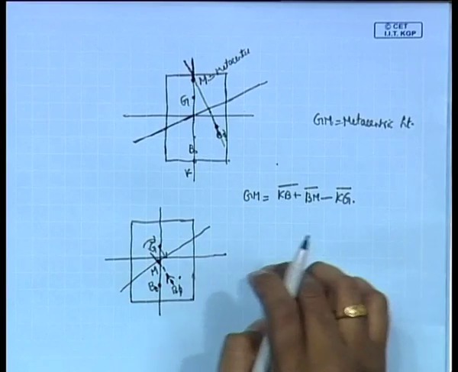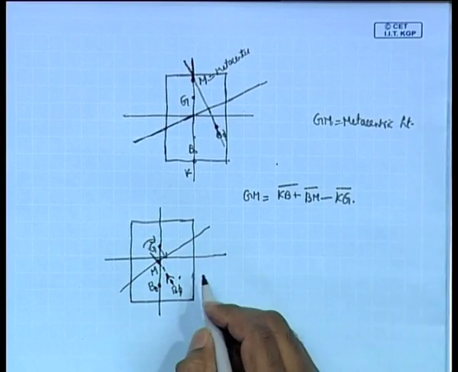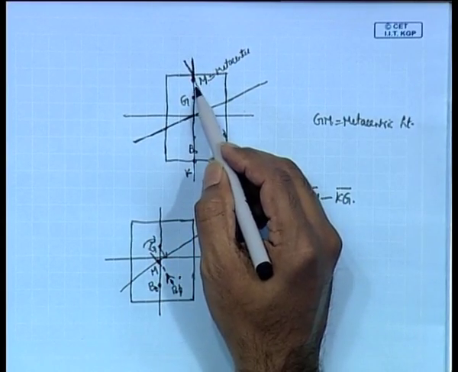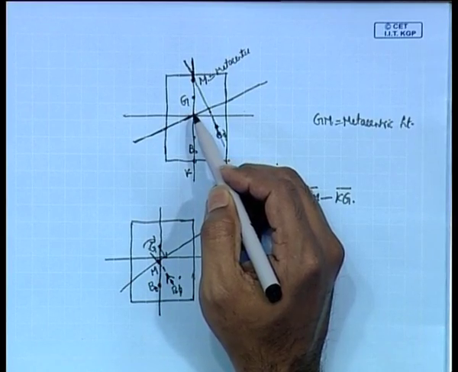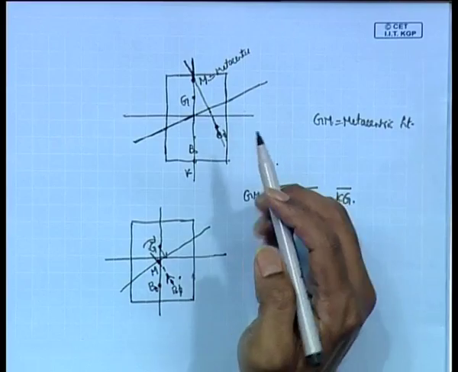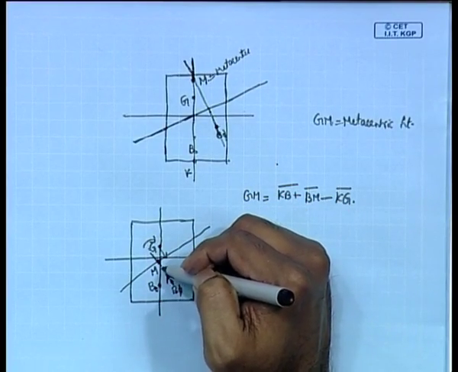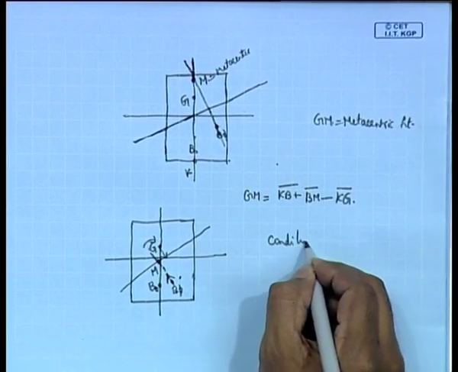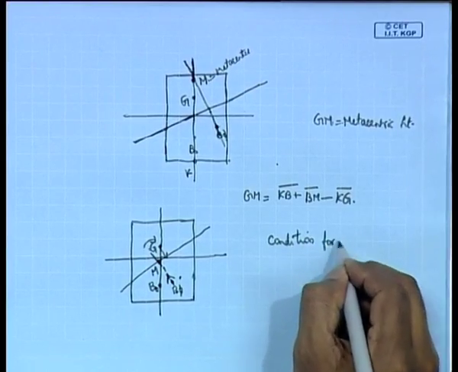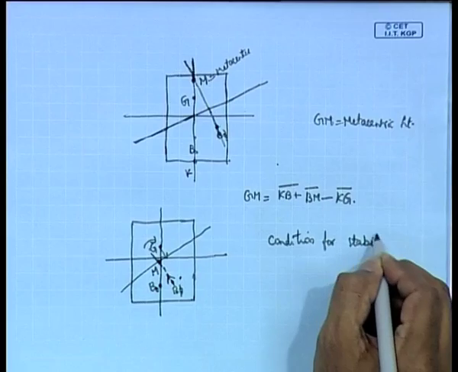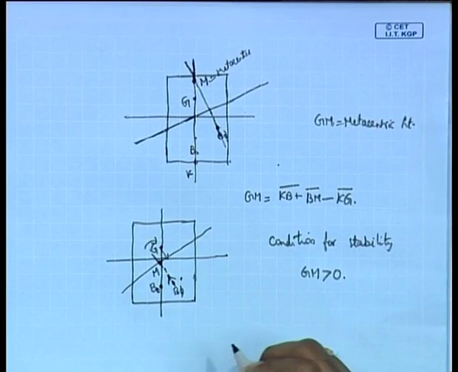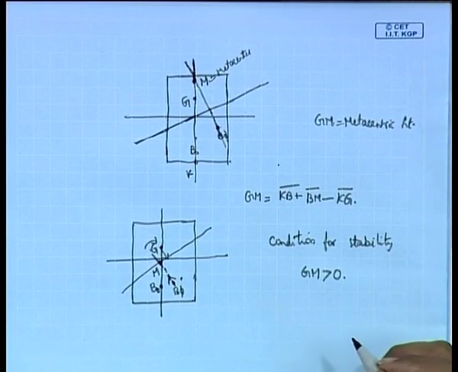So, what we see is that as long as M is above G, the body is stable, and if M goes below G, then the body becomes unstable. Therefore, the condition for stability is that GM should be greater than 0.